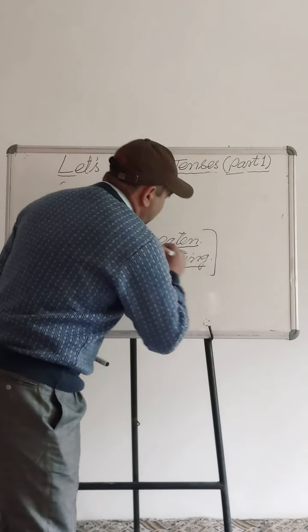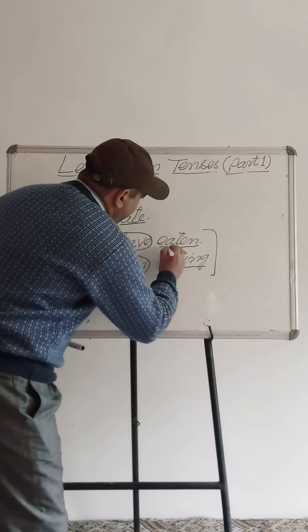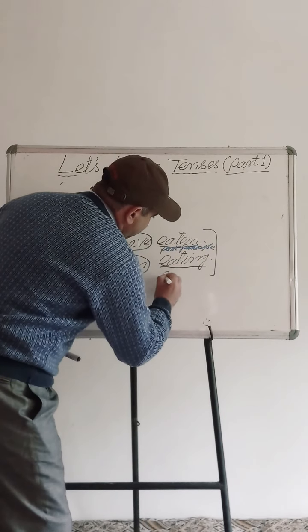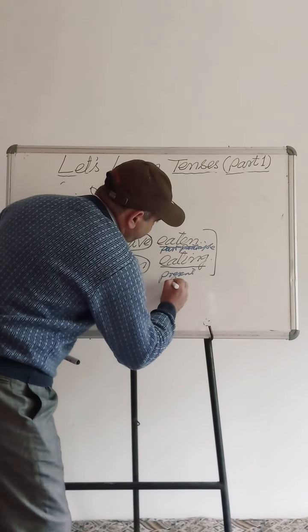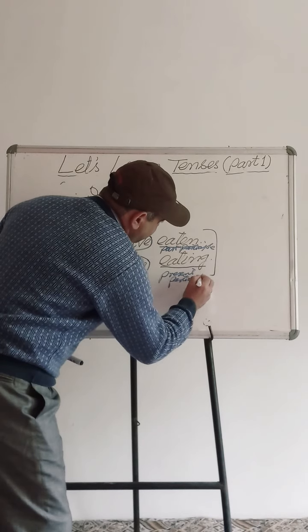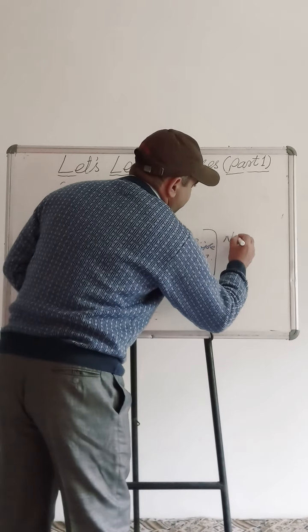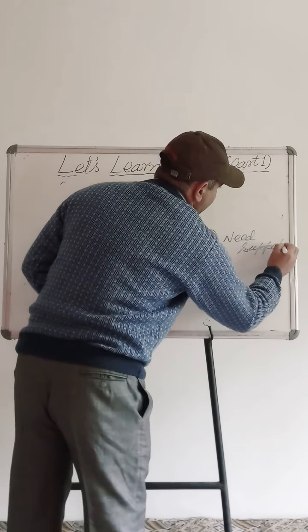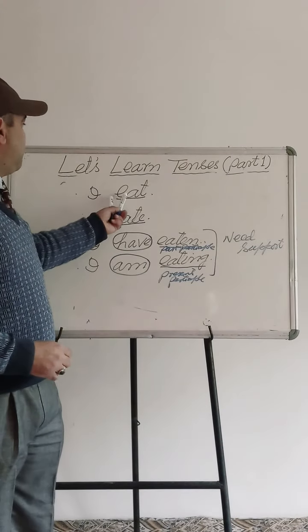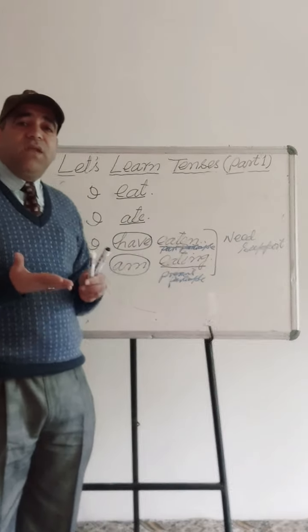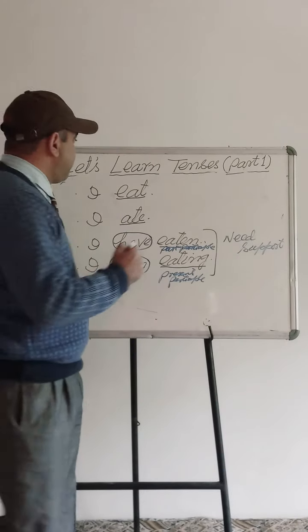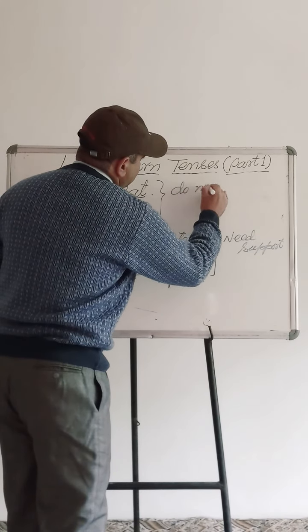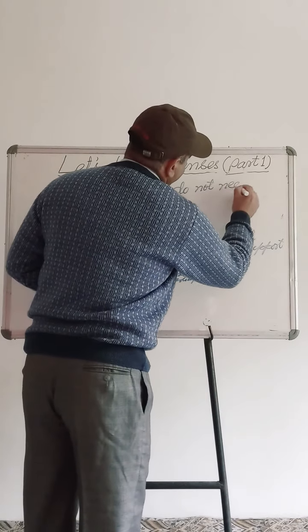That means participle forms need support. While the present and past forms of a verb do not need support; we can use them without any support.